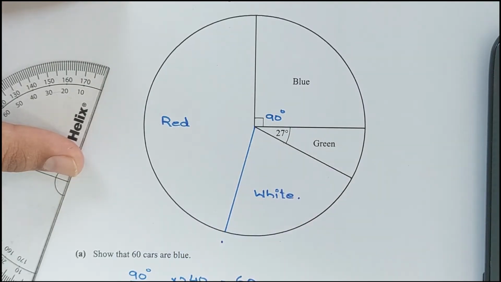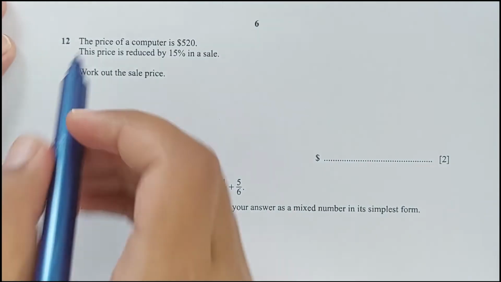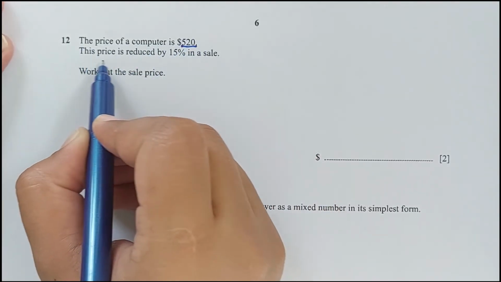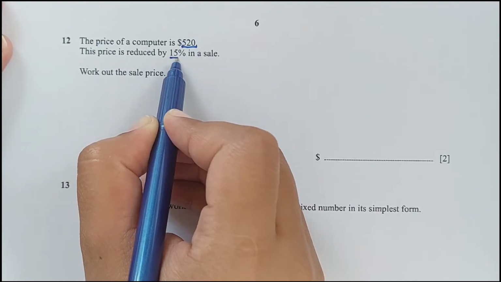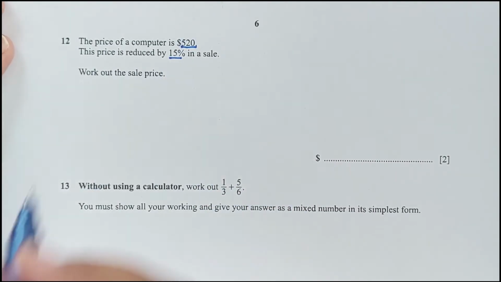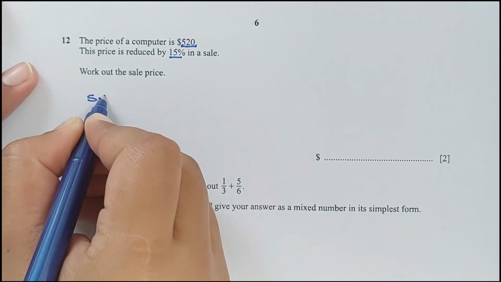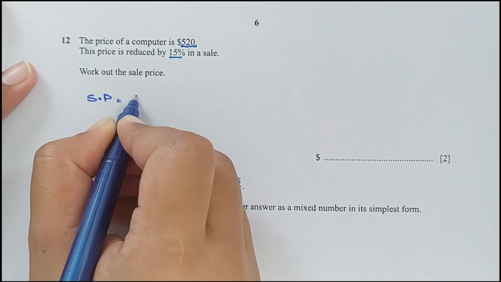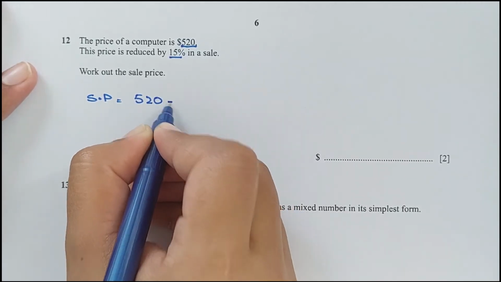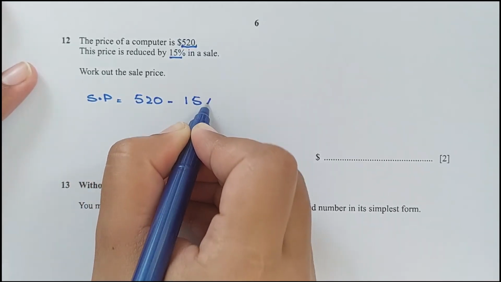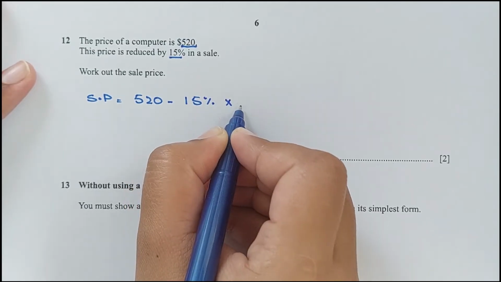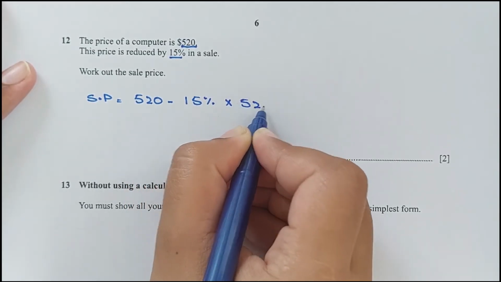All right. Question number 12. The price of a computer is $520. This price is reduced by 15% in the sale. Work out the sale price. Okay, so the sale price is basically equal to the original price, which is 520, minus the reduction, which is 15% of the original price. 15% times the original, which is 520.